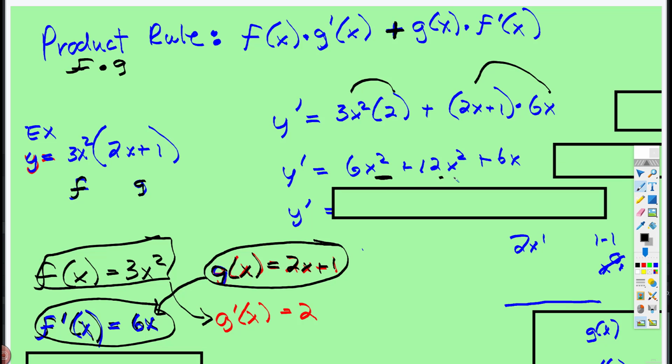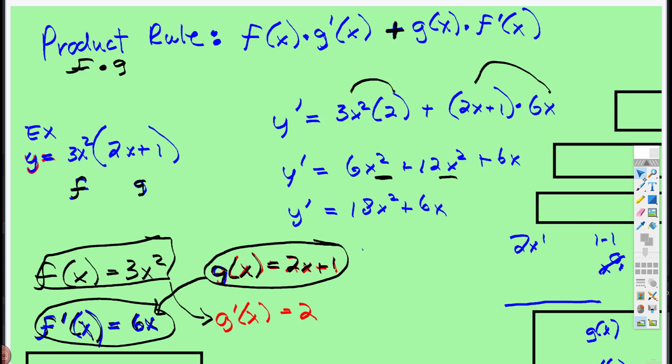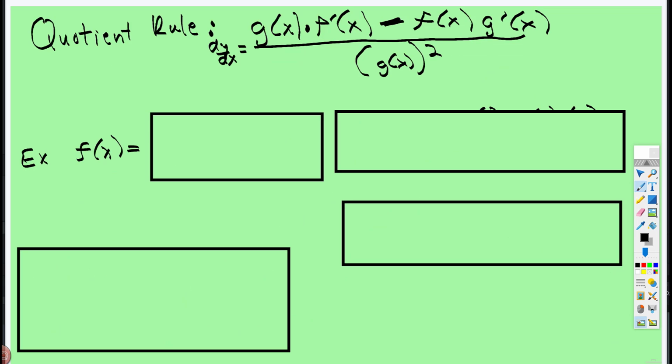Well, these are both squared, so you can add those together. Ta-da! So the derivative of the product of those two expressions is 18x squared plus 6x, using the product rule. Now we're going to do the quotient rule.